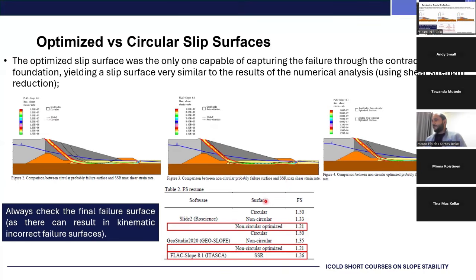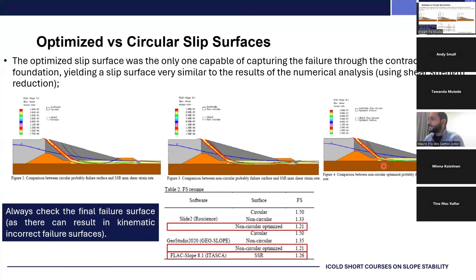So I inserted this slide here because I think it's a very interesting application of the optimization, but be aware that's not always the case. There are many instances where the optimization can give you very weird slip surfaces that you should not consider. So I don't think that's a common approach. Some people don't like the optimization.